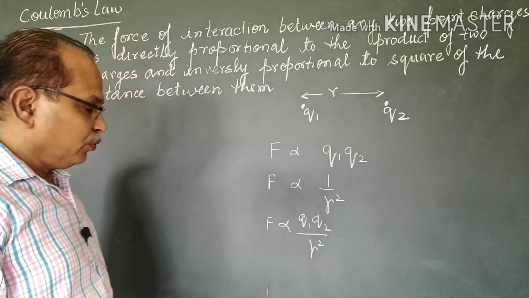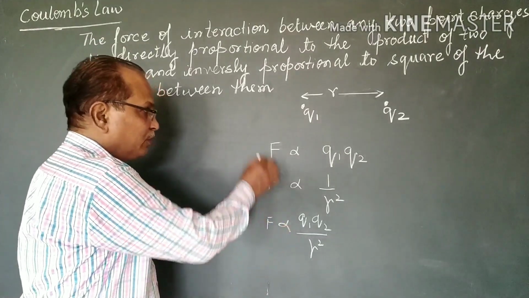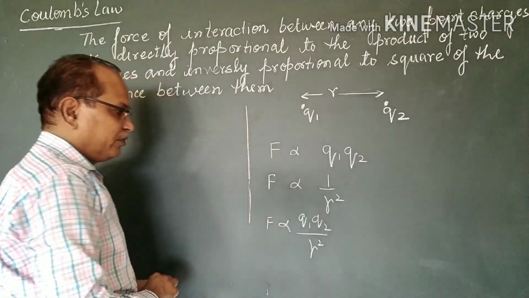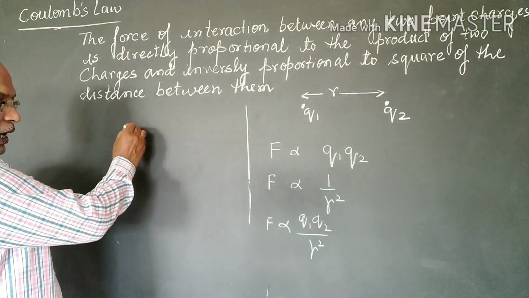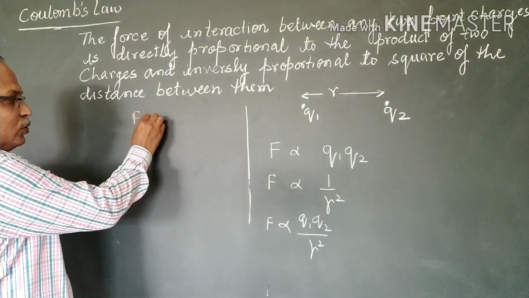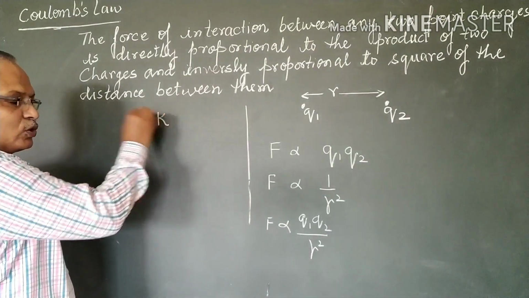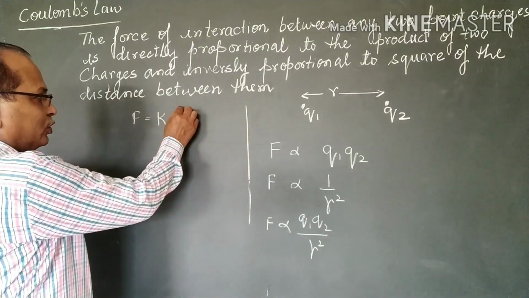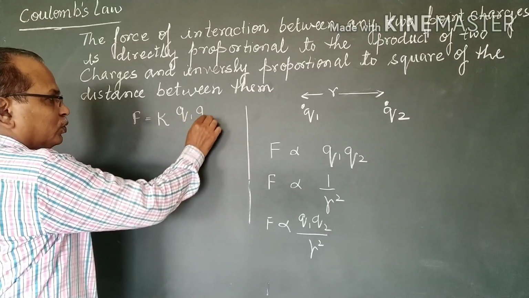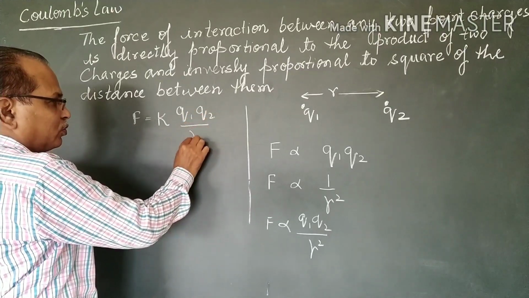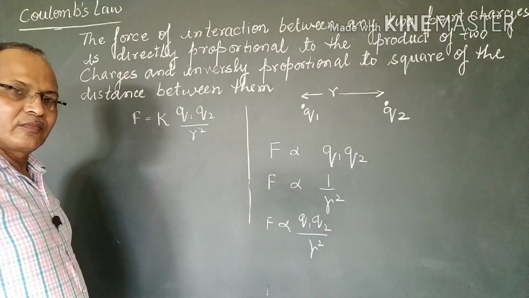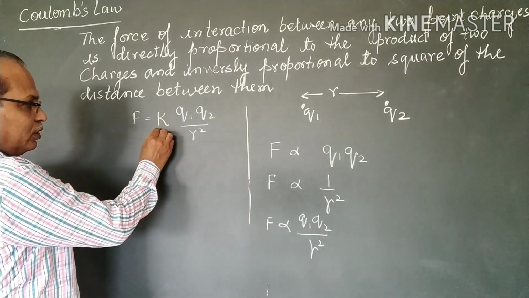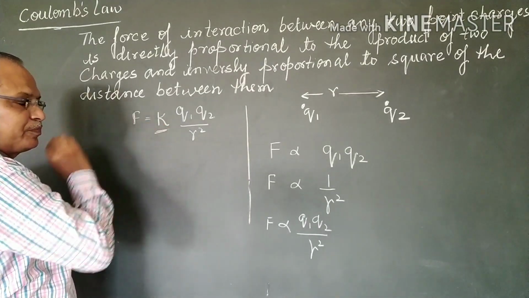Now if the proportionality sign is removed, then what will happen? F is equal to K, a constant, in place of the proportionality sign, times Q1 Q2 upon R square. So K is a constant.